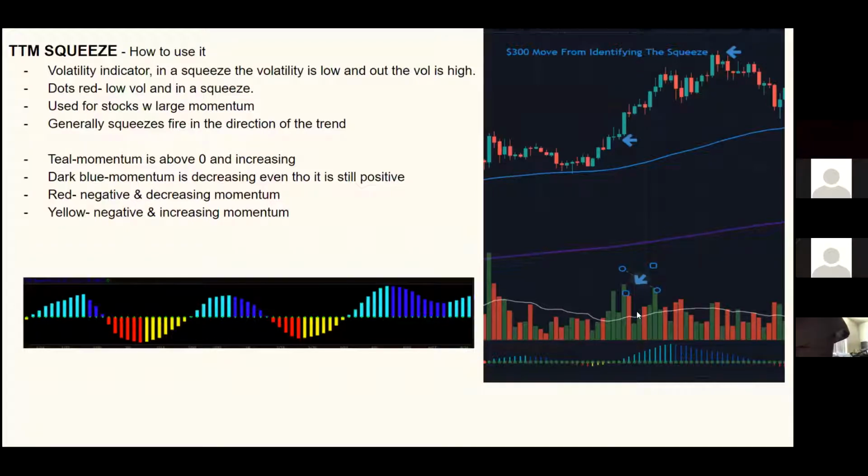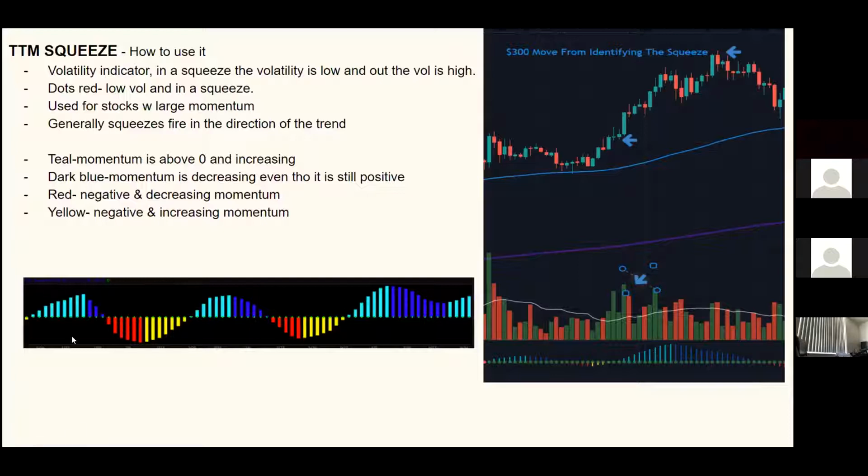Yes, they should be. I don't really use the B&B setup, but I'm pretty positive they're probably the exact same colors. TTM squeeze is usually red dots and green dots. The actual coloring schemes of the TTM bars are kind of up in the air. It depends on personal preference.